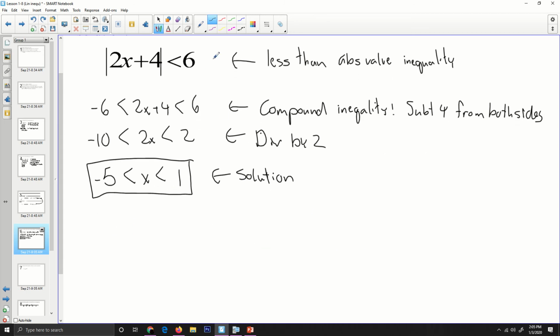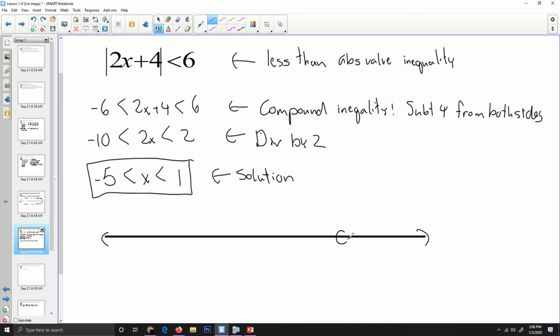Okay, so let's get a number line here. We'll just make a quick, simple number line. And so this says all of the values between negative 5 and positive 1 exclusive. We're not including them because it's everything that is greater than negative 5 and everything that's less than positive 1. So we could do it a couple of different ways.